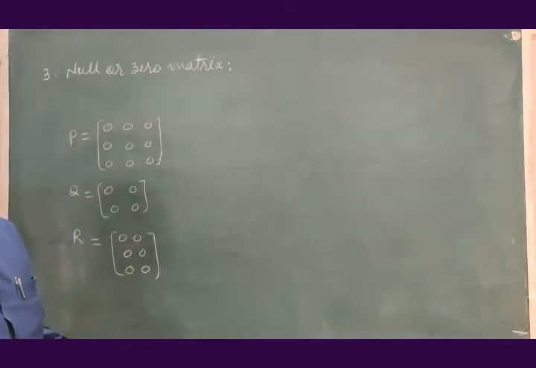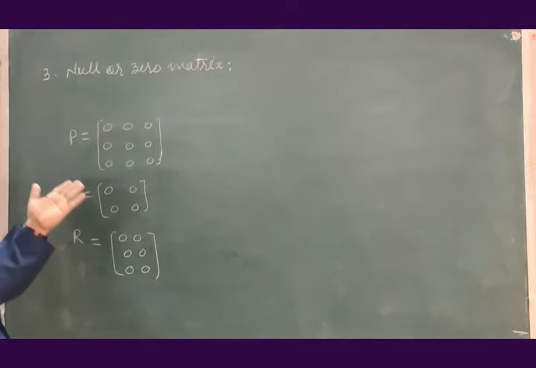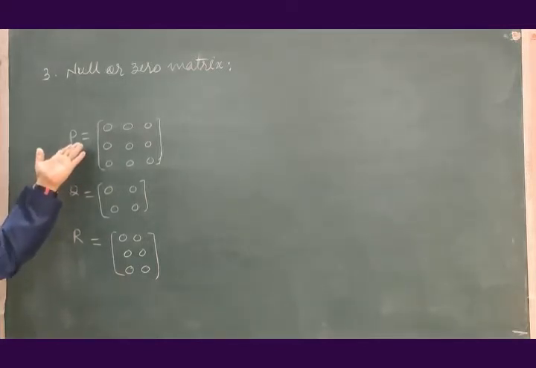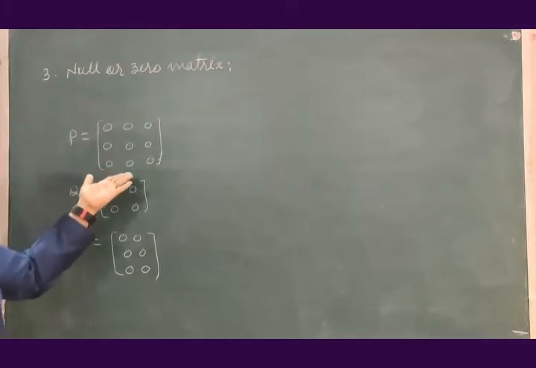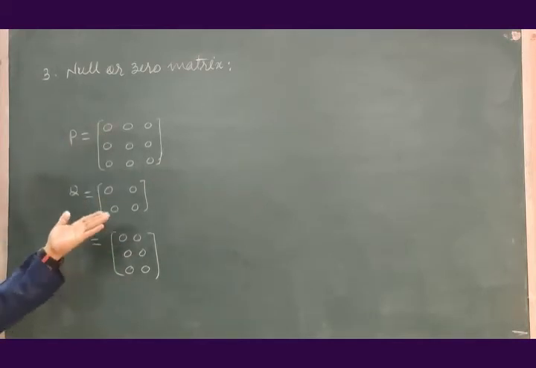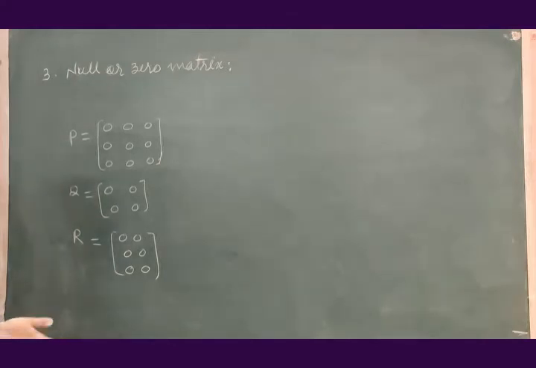You can have many more examples. If we see matrix P, we find that all the elements are 0 and therefore it is a null matrix. What is the order of this matrix? 3 by 3. It has 3 rows, 3 columns.